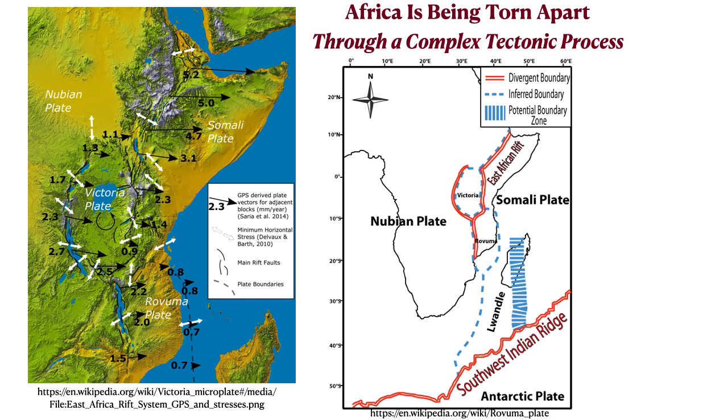And to look a little bit more closely at the map on the left, which shows the Victoria plate, I've highlighted the areas of divergence. And so you can see that the East African rift system divides in two. And what is most interesting to my mind is that the Victoria plate is actually not moving anywhere, but it is rotating in a counterclockwise direction.